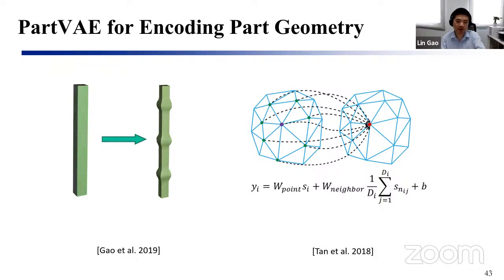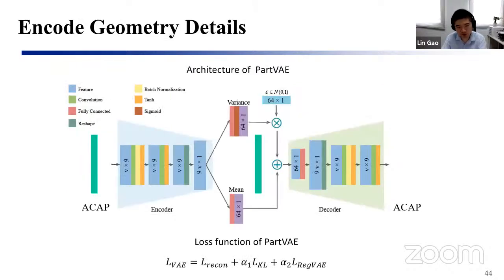And also we use the convolution layer we had discussed before. And this is the geometry encoder and decoder of each part. They are very similar to the convolutional variational autoencoder for the deformation. And with this technique, we could generate the geometry detail for each part.